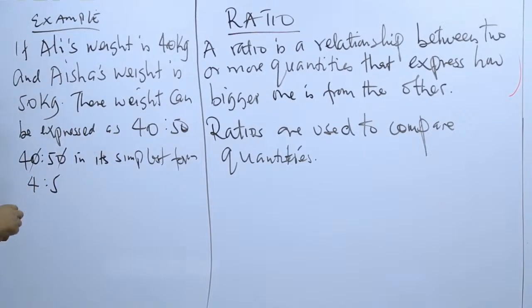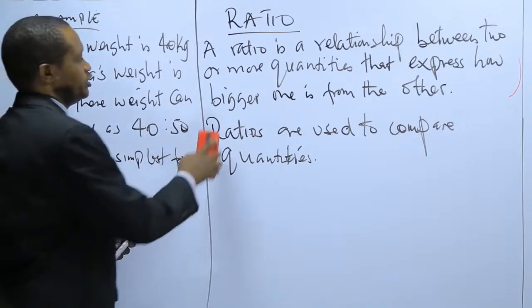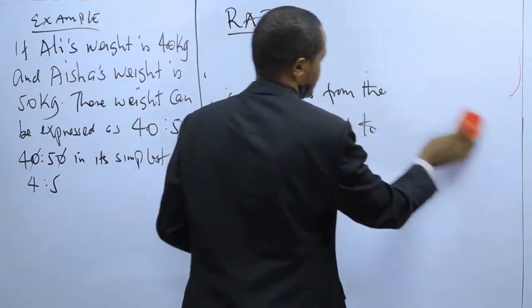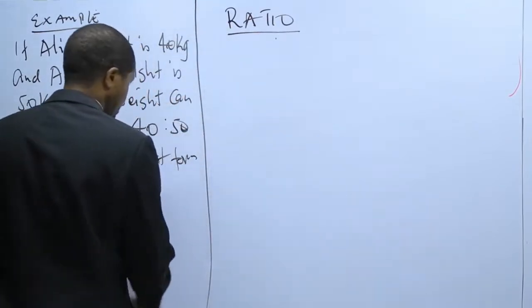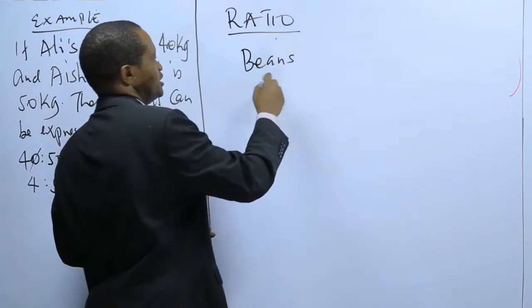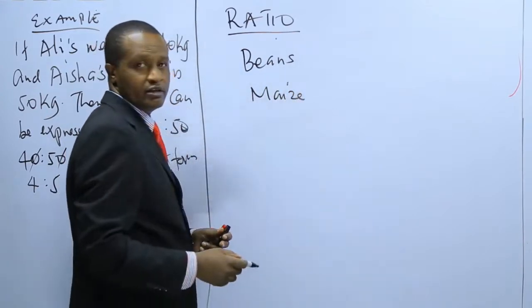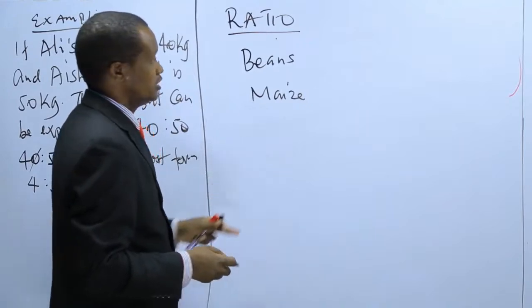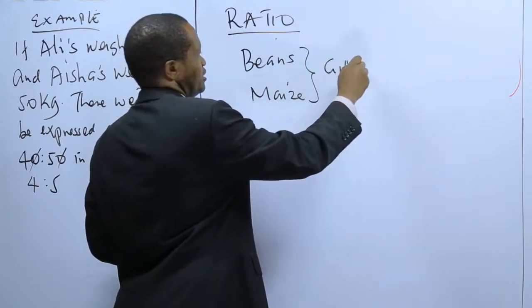Another example would be if you are to prepare a meal comprising of a mixture of beans and maize. Traditionally, this is what we call githeri.